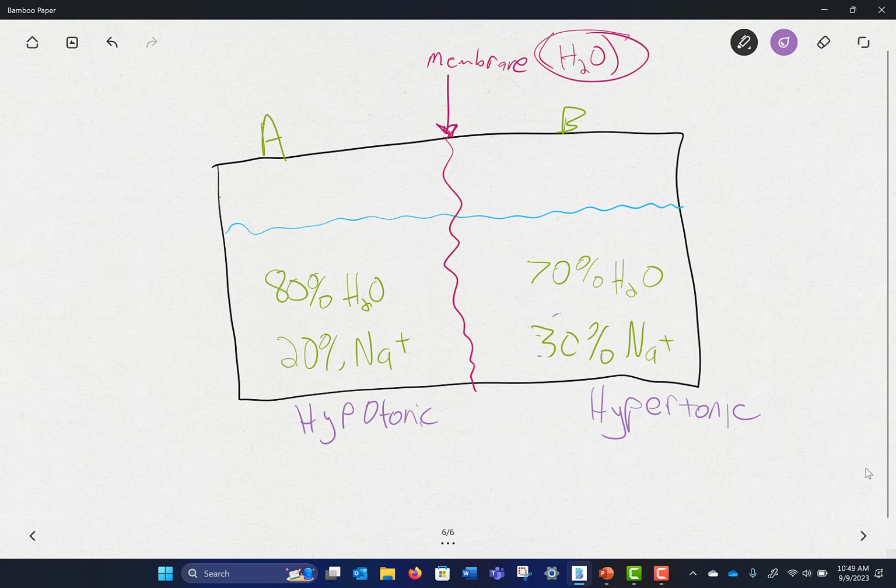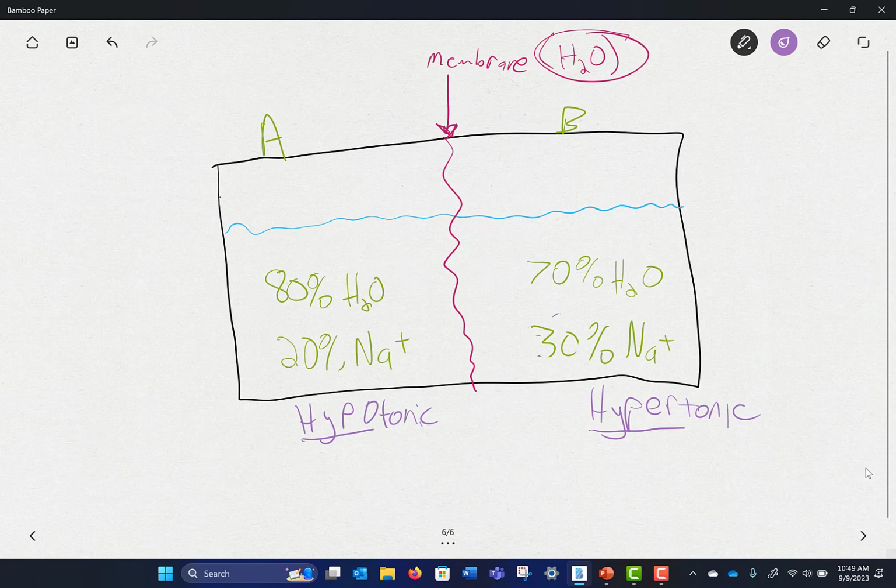Now, how do we keep that straight in our head? Hyper, hypo. Hyper is a root word that means above, more than, greater than, excess. A hyperactive child has excess active in them. They are very active. They are more active.